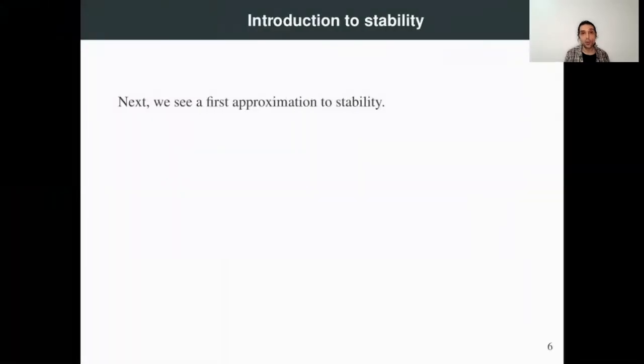Now we are going to see our first approximation to stability. Later on, after defining topologies in function spaces, we are going to have a more precise approach than the one that we are introducing. But this one is just to understand the basics of stability.